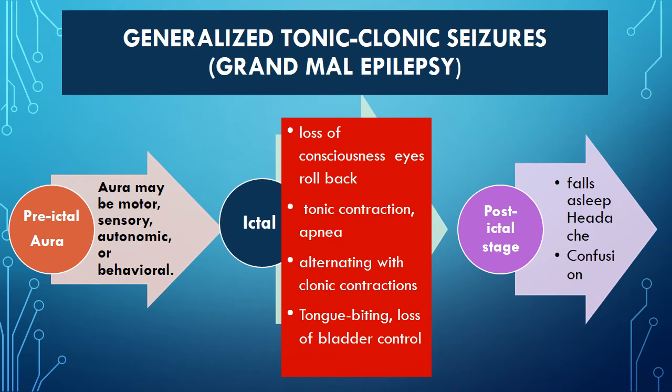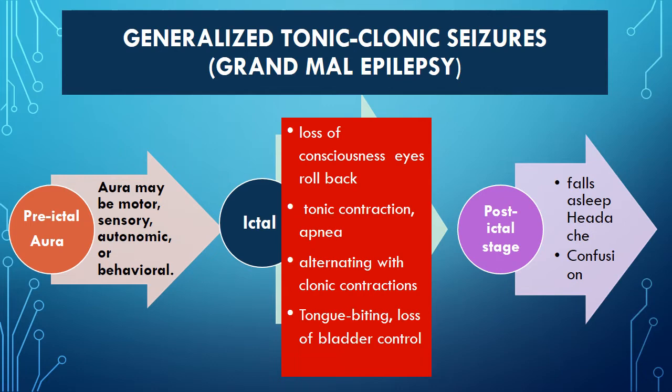During generalized tonic-clonic seizure, the child will lose his consciousness with eyes rolling back. Tonic contraction of upper and lower extremities on both sides occur, alternating with clonic contraction. Tongue biting, loss of bladder control may occur during the attack of seizure.